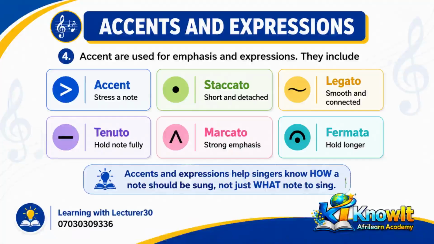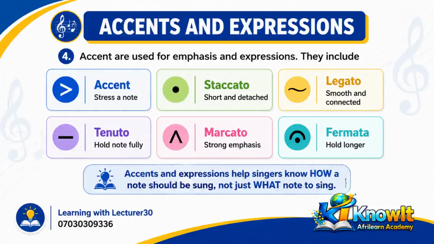Another set of symbols you also need to know to keep your interpretation in check are the symbols that talk about accents and some kind of expression too. So we have the accent for stress on the note. We have the staccato, which is telling you to sing a sound or a pitch in short and detached form.